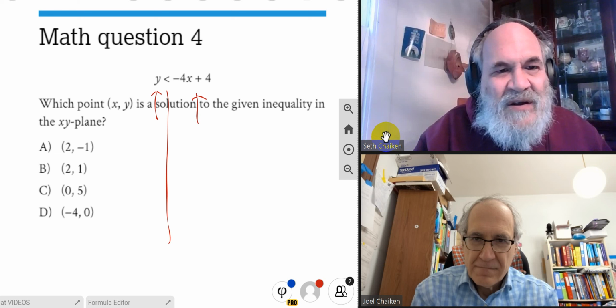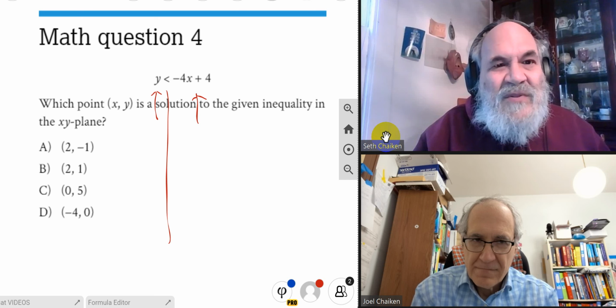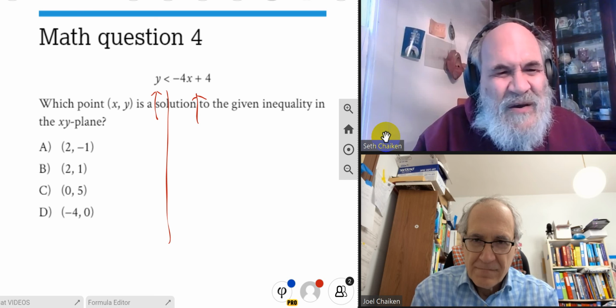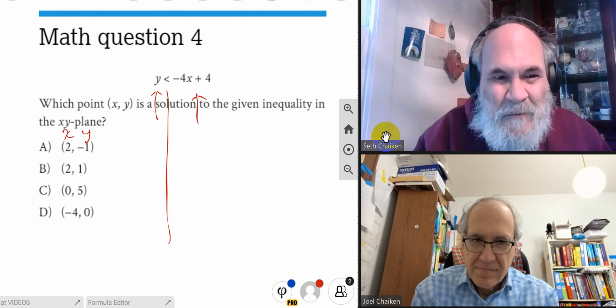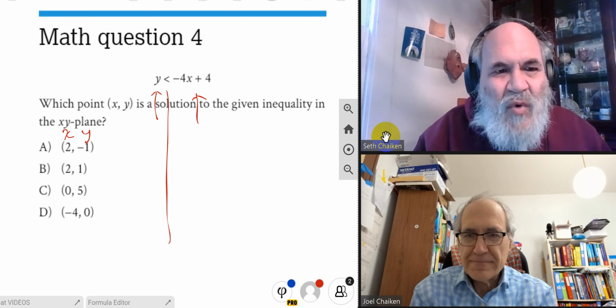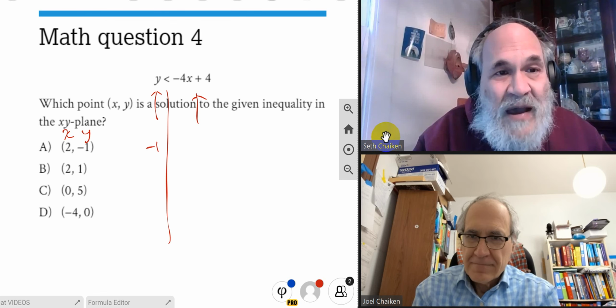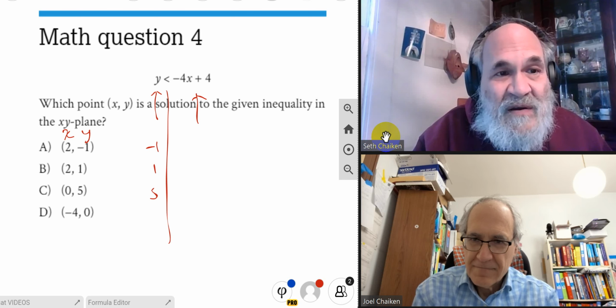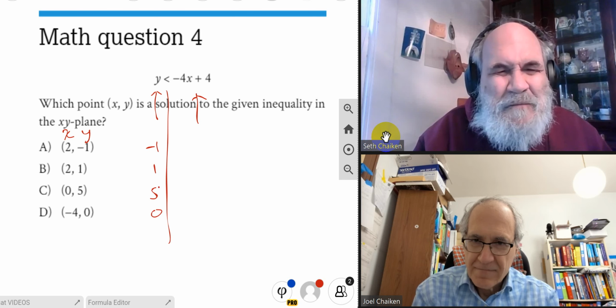And under here, I'll write the value for the right-hand side of the inequality for the given x's and y's. For the y's it's easy, I just copy the -1, 1, 5, and 0. For the x's, it's a little bit more complicated. I get the value by taking whatever x is, multiplying it by -4, and adding 4.